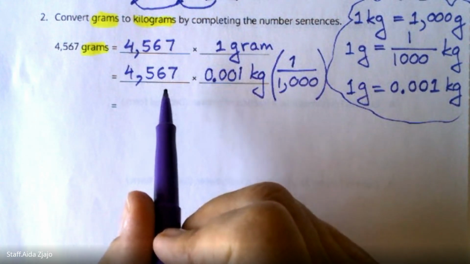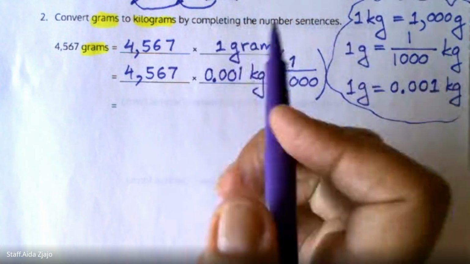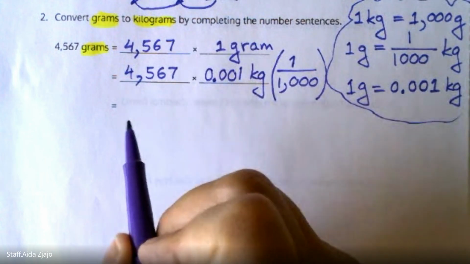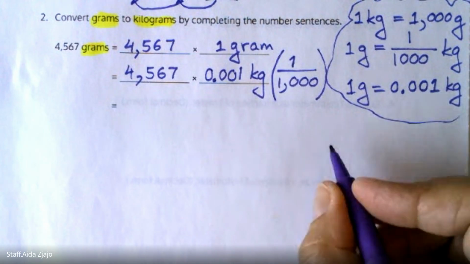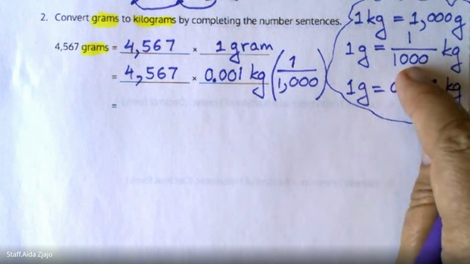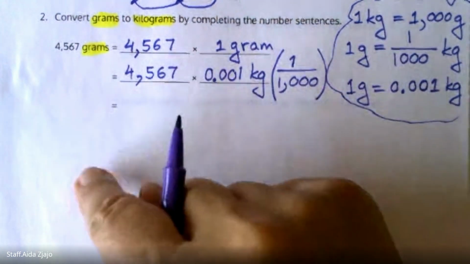So that means that you will have 4 wholes in there. If you think about this situation, there are 1,000 pieces, so 1,000 grams will make 1 kilogram.